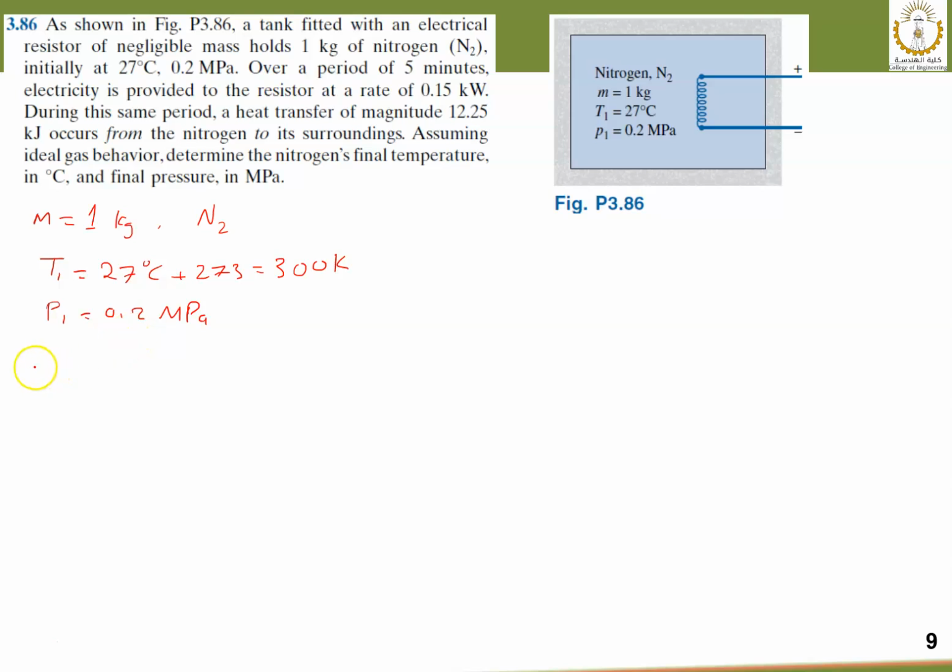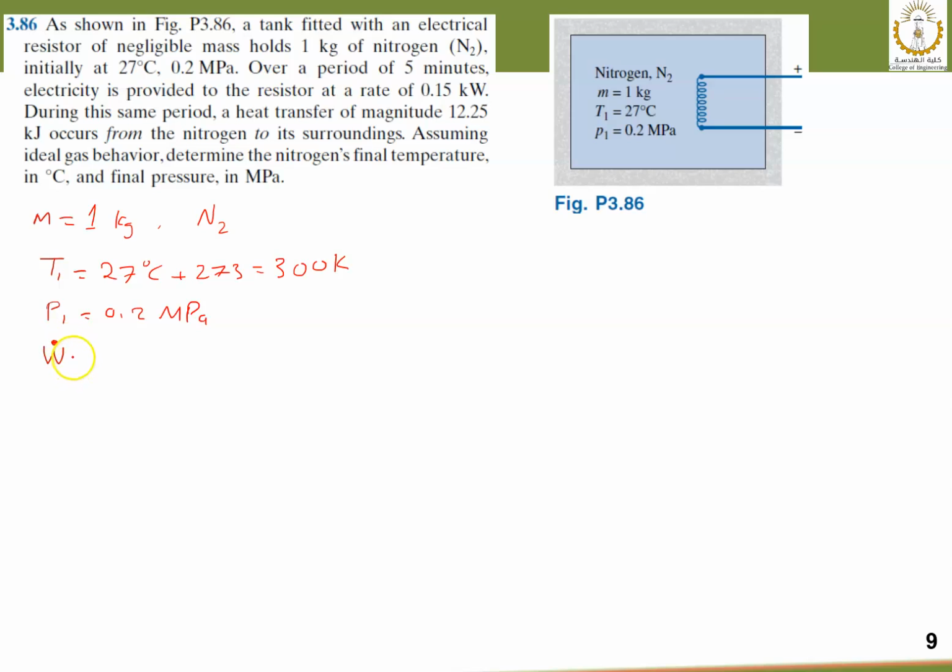Over a period of 5 minutes, electricity is provided to the resistor at a rate of 0.15 kilowatt. So this is the rate of the electrical work.